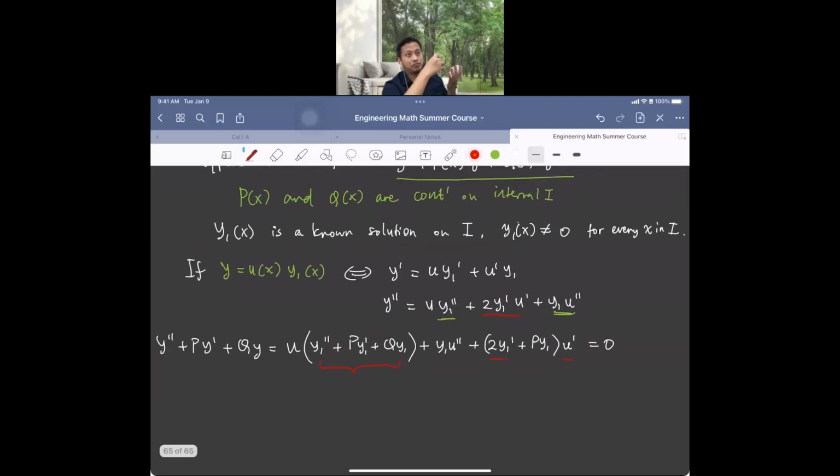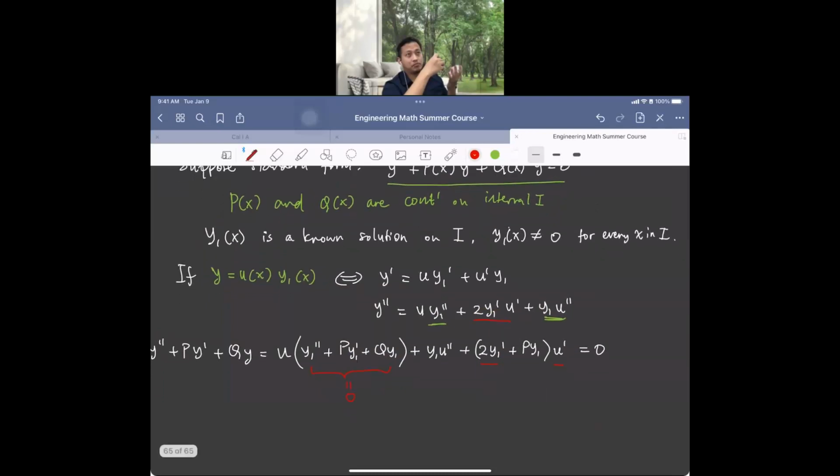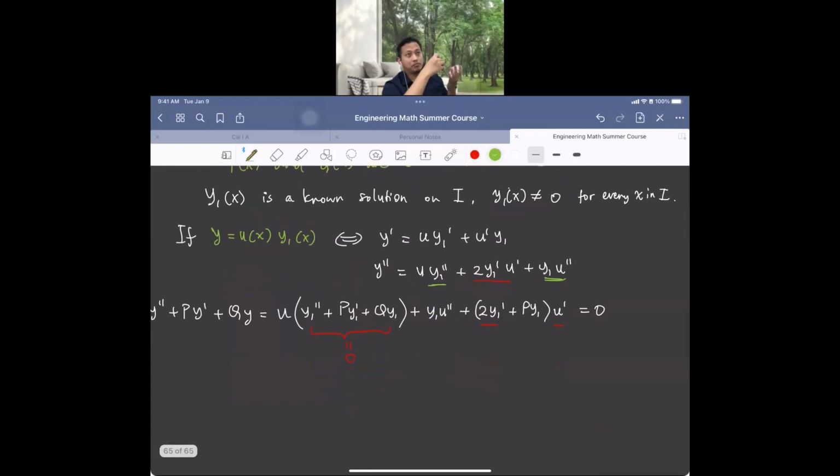And this will be equal to 0. And this part here is 0. So we must have that y1 u double prime plus the whole thing here plus by1 u prime is equal to 0.